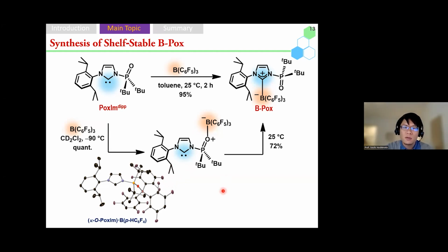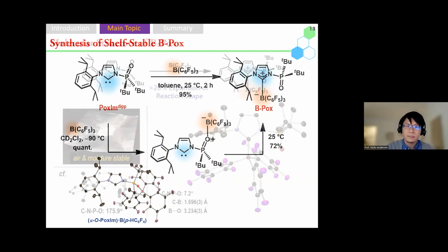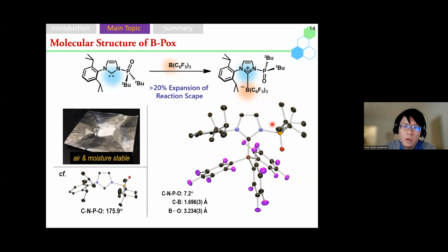These results showed Toxin includes two Lewis basic sites, hard phosphine oxide and relatively soft carbene. Coordination of phosphine oxide occurs first to give this kinetic CLA, which then transforms into the thermodynamically stable carbene-boron adduct. This is the molecular structure of the carbene-boron adduct.